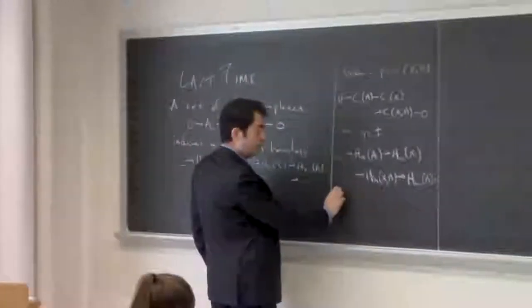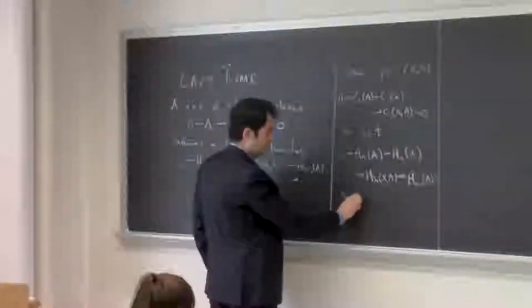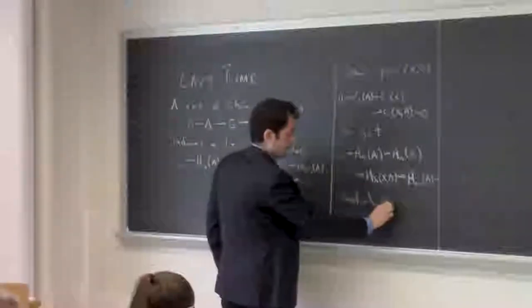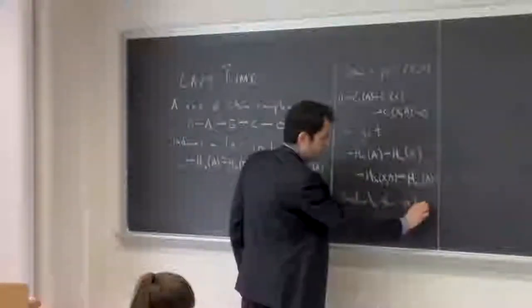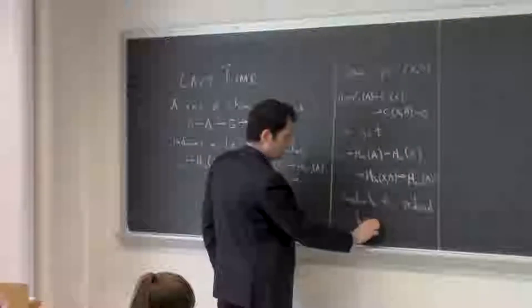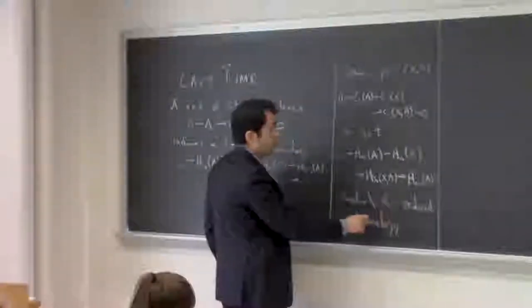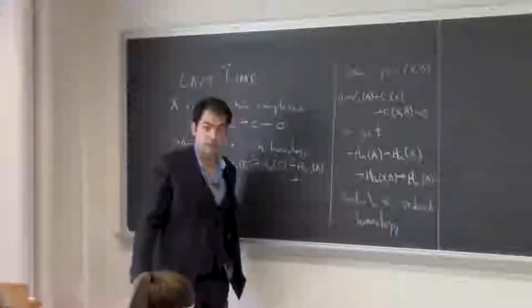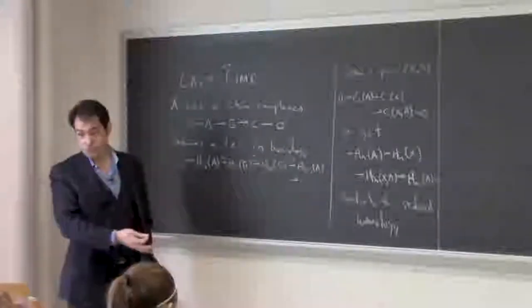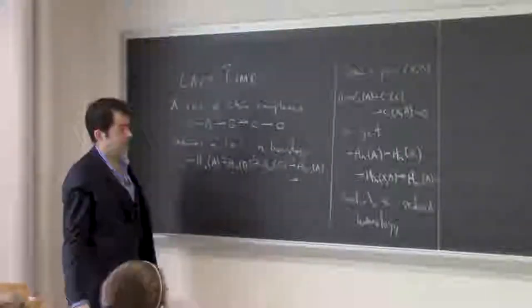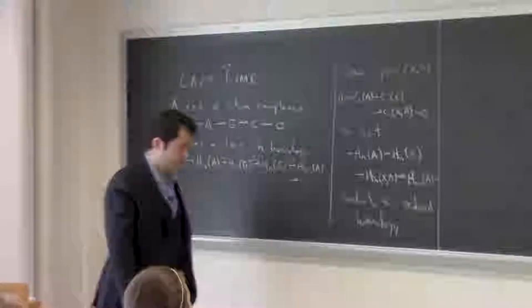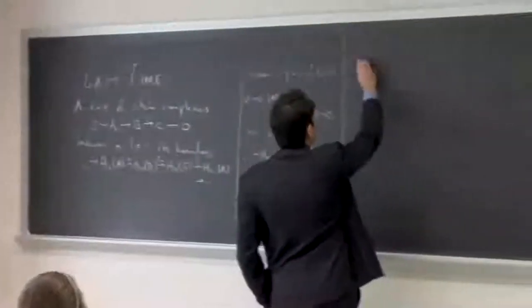Similarly, for reduced homology, we have augmented chain complexes, and they also form a short exact sequence, and so you can also get a long exact sequence. And also for a triple.